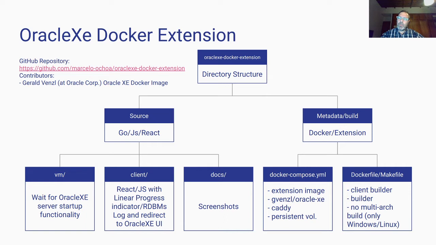Unlike the previous extension, this is not a multi-arch extension, so it will run only on Windows or Linux and will not run on Mac using the M1 processor, because there is an incompatibility of the Oracle database running on the QEMU emulator on Mac M1 processors.